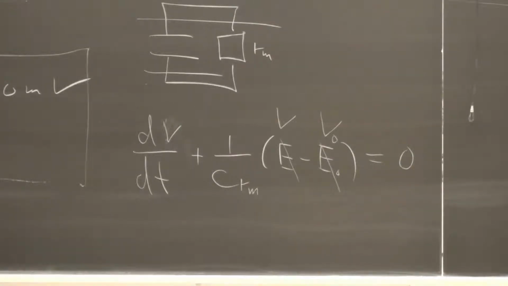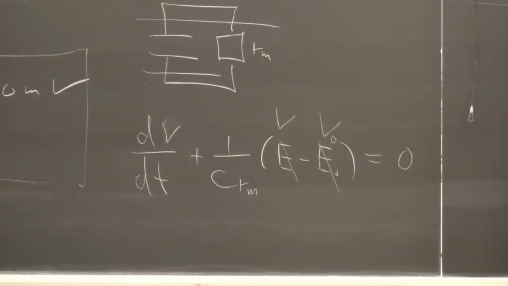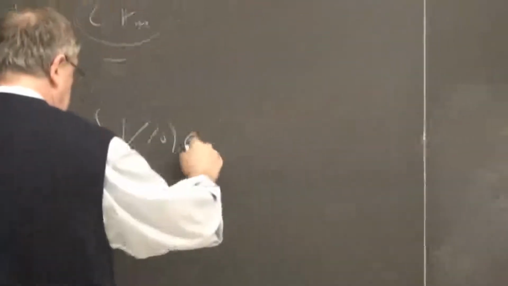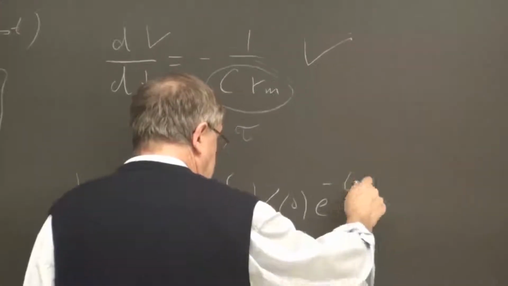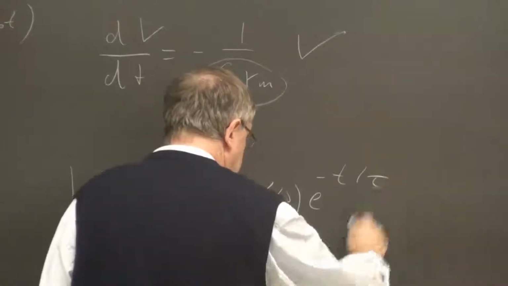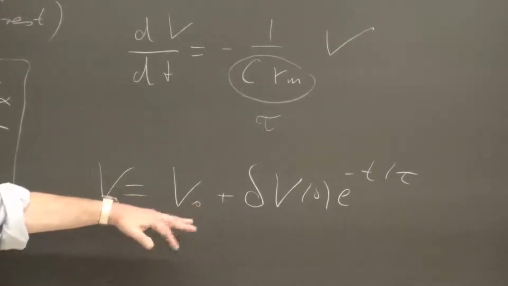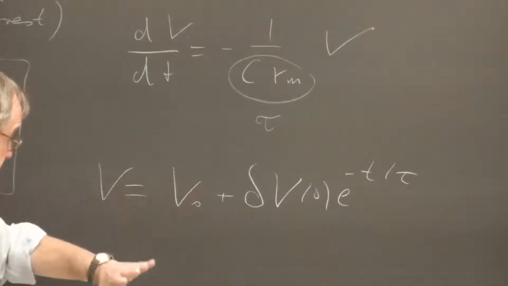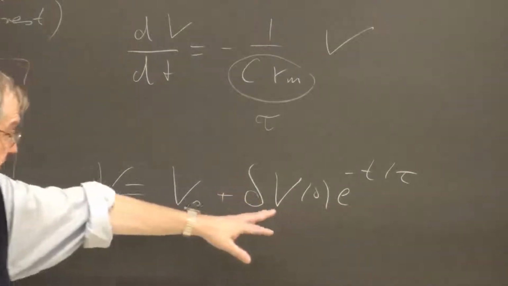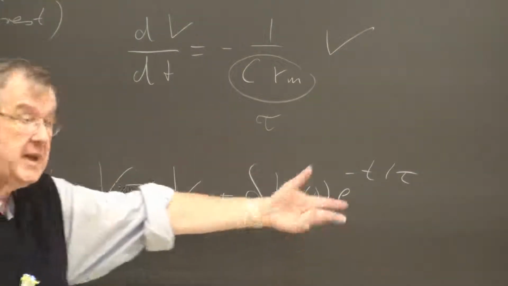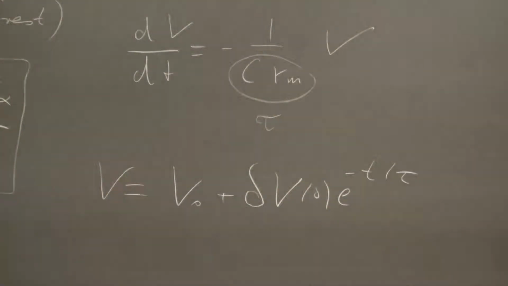And so now we are getting V is equal to V0 plus delta V of 0 times e to the minus t over tau. So this was our relative voltage, and when we add delta V to it, then it will decay. You can find quickly that's the solution of our equation.